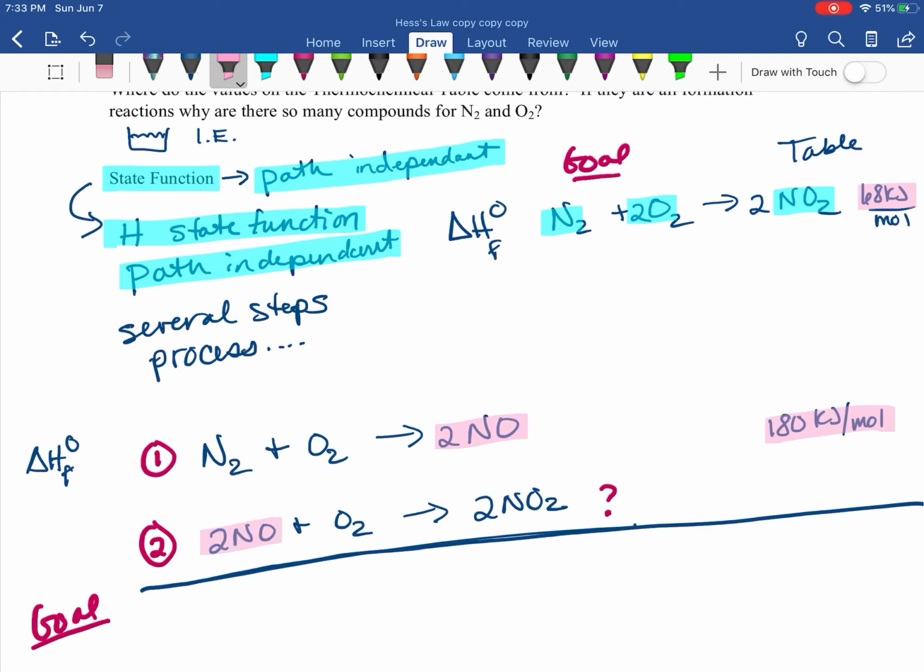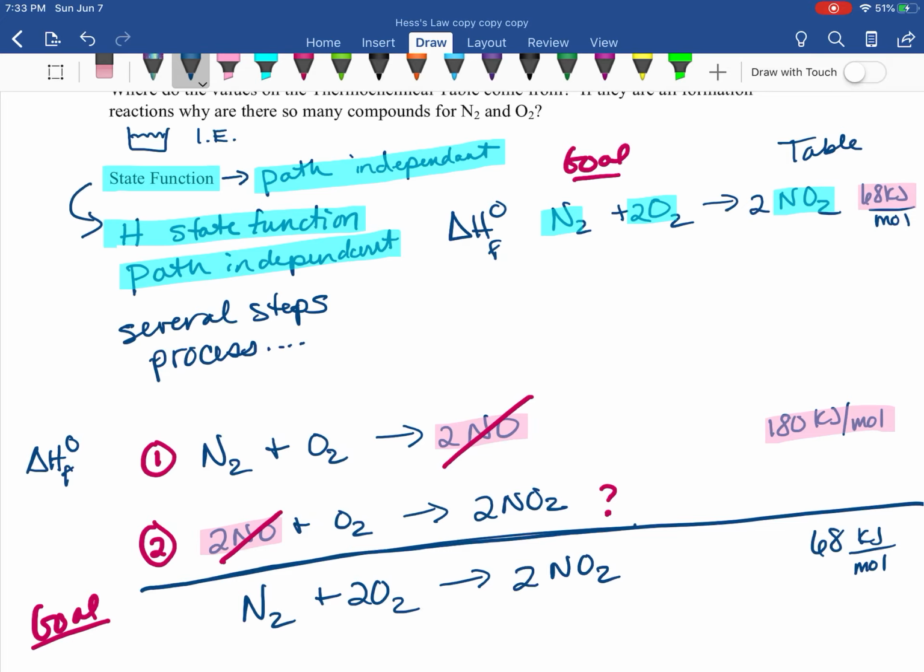In fact, my nitrogen and oxygen, as soon as they collide and make this NO, Mother Nature turns right around and uses it. So I get to cancel that. Now let's look at this overall process. You're left with nitrogen and 2 oxygens on your reactant side, and you're left with your product of NO2 on the product side.